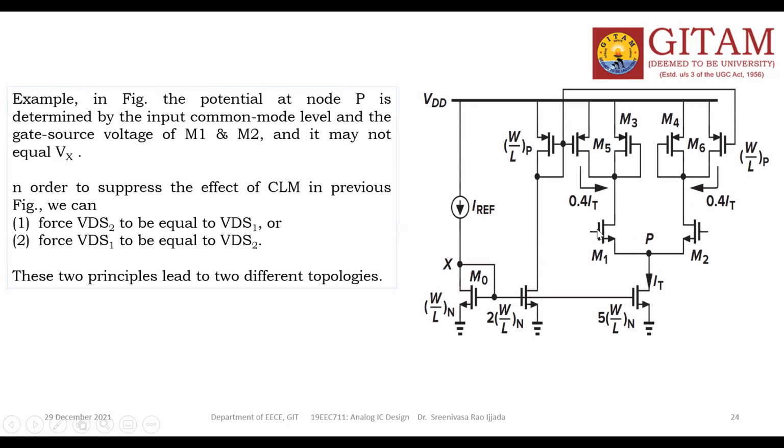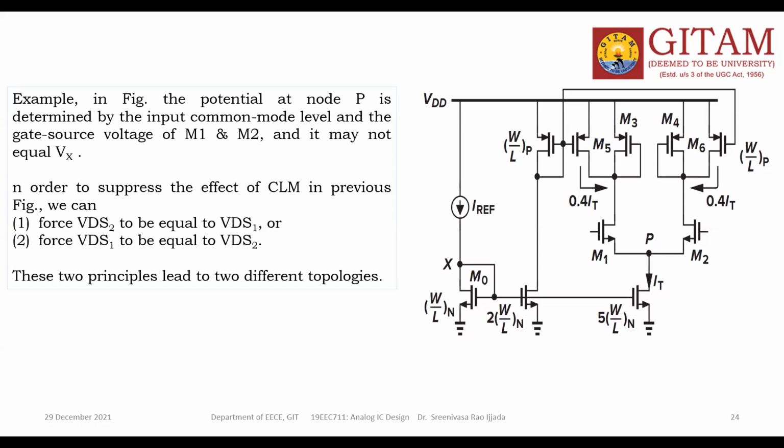This is one differential pair, this is one more differential pair, and these two are the current sources. For these two current sources, a biasing voltage is required, and that biasing voltage is provided by the current reference circuit. These two are the control differential pair, and this is the tail current source. That should be remembered.